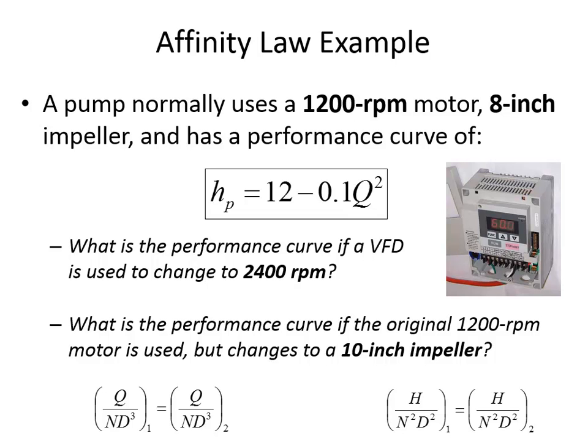Now, we were originally given the performance curve for the pump: H1 is 12 minus 0.1 Q1 squared. So under the conditions described in situation 1, this is the performance curve. So the head generated in situation 1 is 12 minus 0.1 times the flow rate in situation 1.